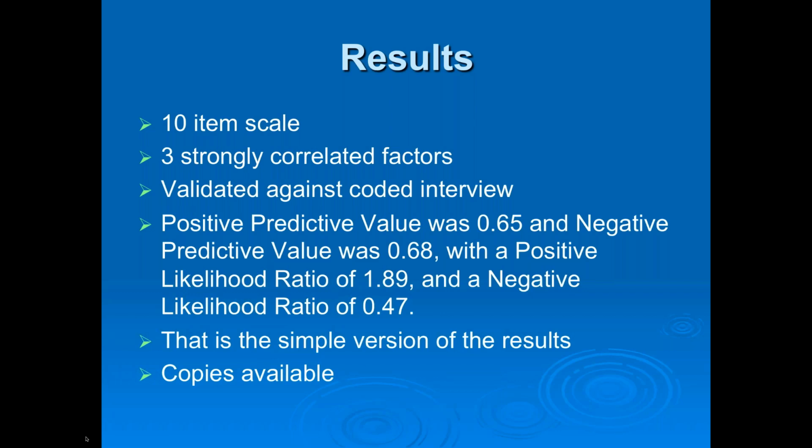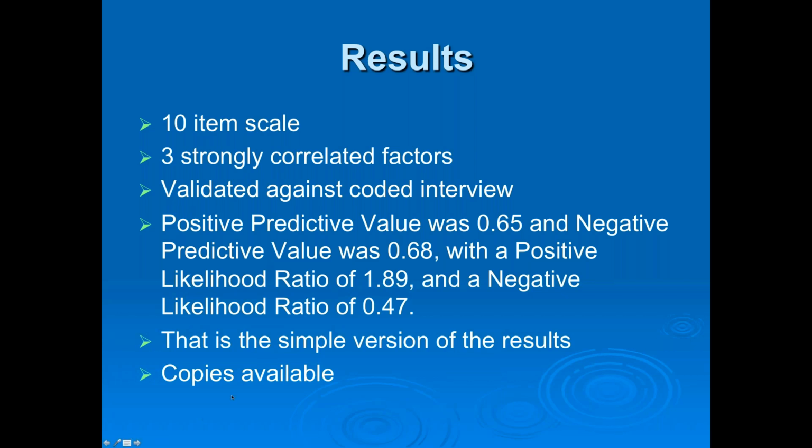There are these three factors. They're very strongly correlated. Some people who have used the scale again found that you couldn't separate out the three factors, that they were so tightly correlated. We did find three factors, but they are tightly correlated.